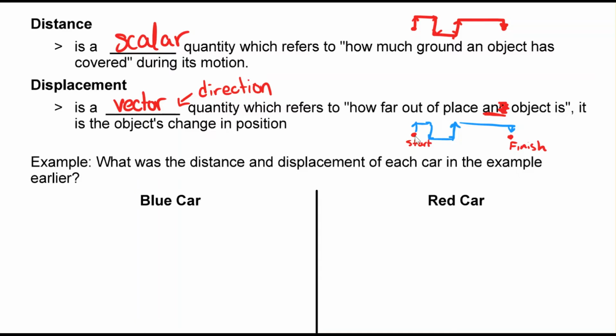For displacement, you don't look at anything in the middle. All you really care about is what happened from beginning to end. Distance is how much ground did you cover, and displacement is from start to finish, how far did you go.